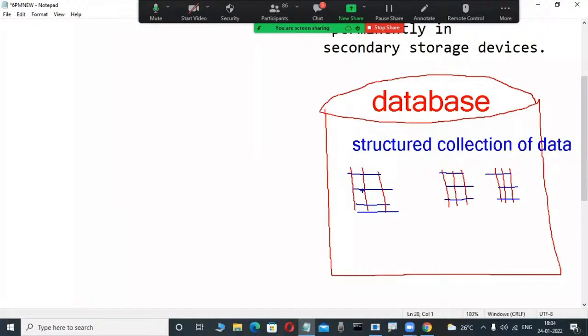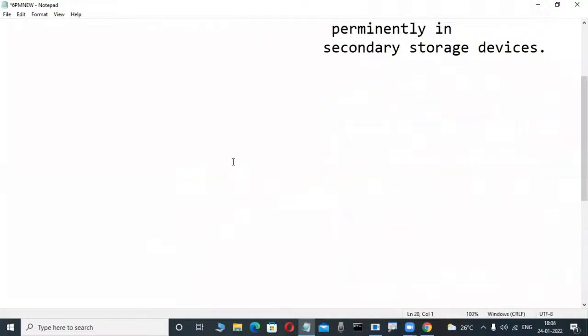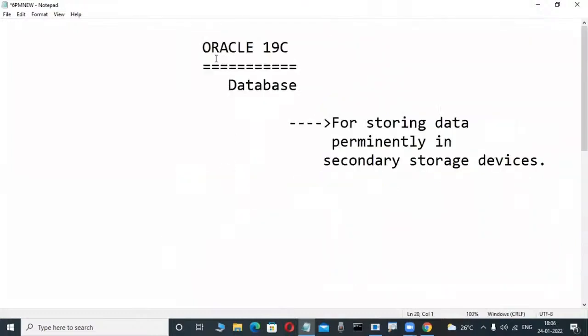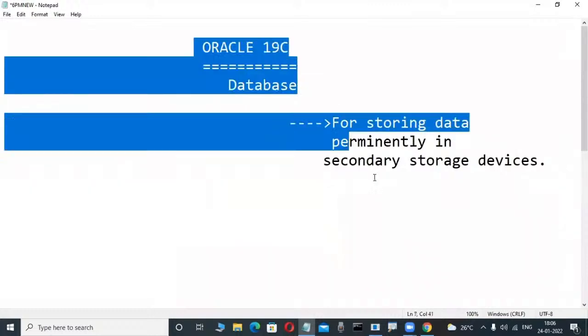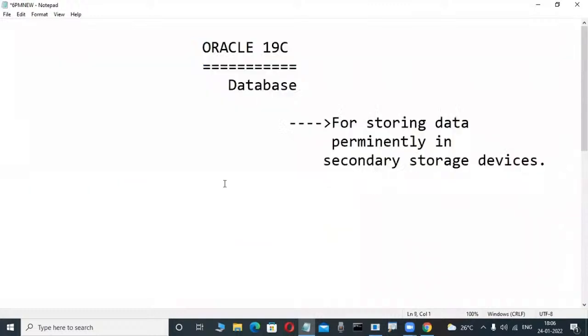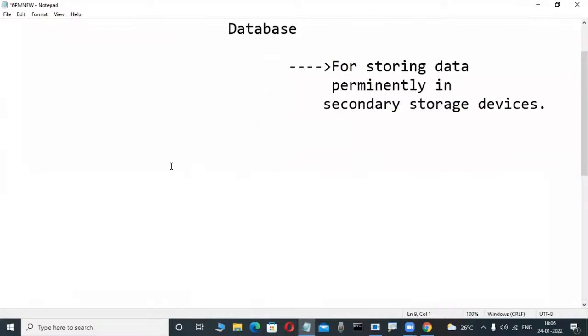Once a structured collection of data is there, for handling and operating this data, which language? Very good. SQL, structured query language. That's why these databases are implemented based on the relational data model. Today I will tell you what that is.